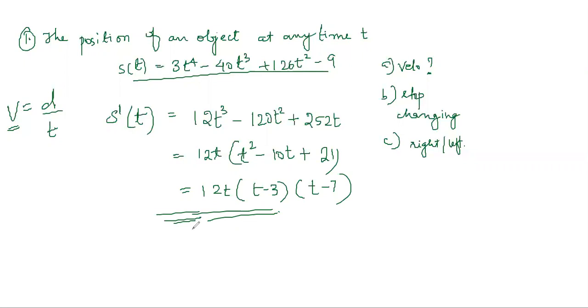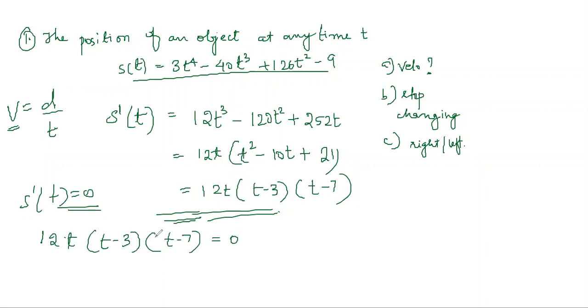Now the second question they're asking is, does the object ever stop changing? Remember in the previous class, I told you whenever they ask if it is changing or not, what do you have to do? Just make it equal to 0. Very good. So I will make the equation s dash of t equal to 0. So the equation from here is 12t, t minus 3, t minus 7 equals 0.